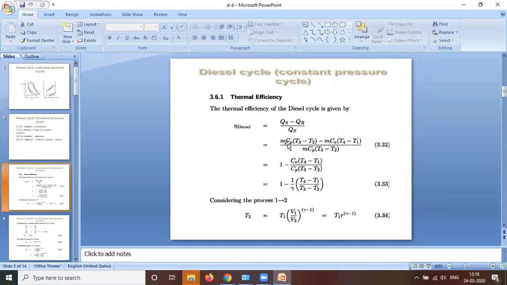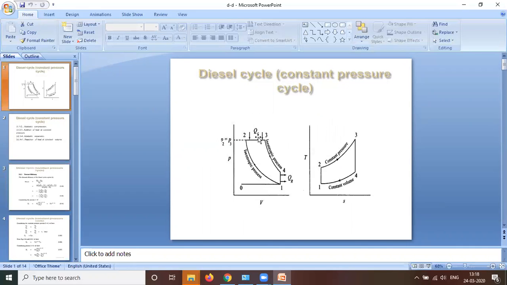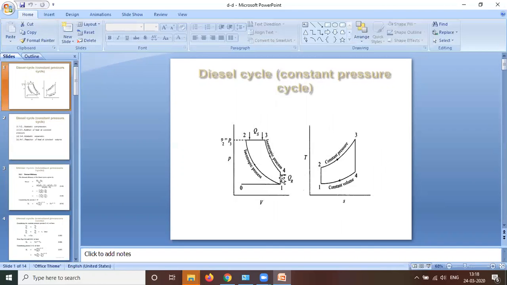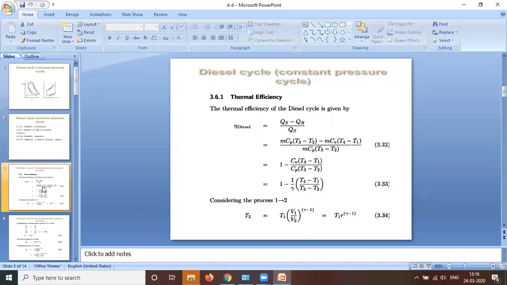The heat addition at constant pressure is m Cp (T3 minus T2), and the heat rejection is m Cv (T4 minus T1), divided by m Cp (T3 minus T2).